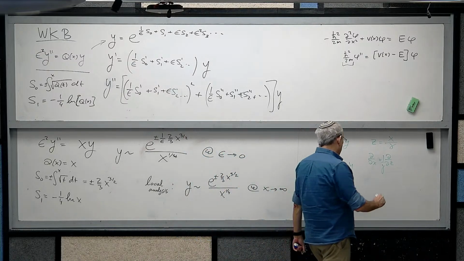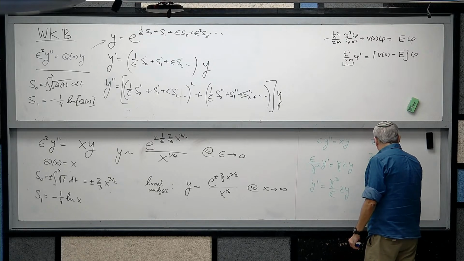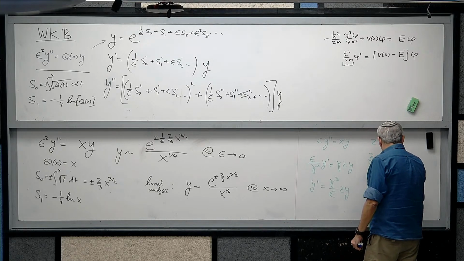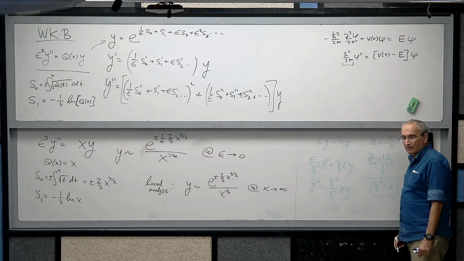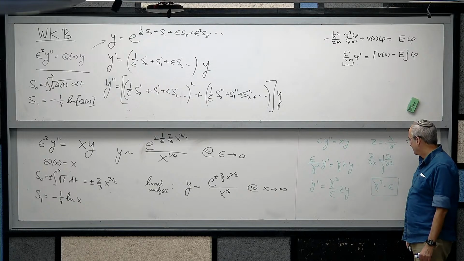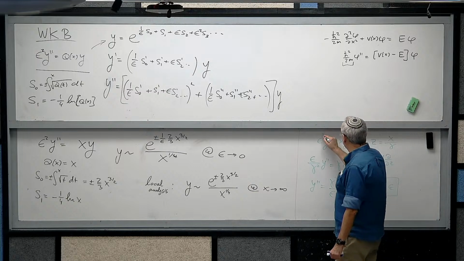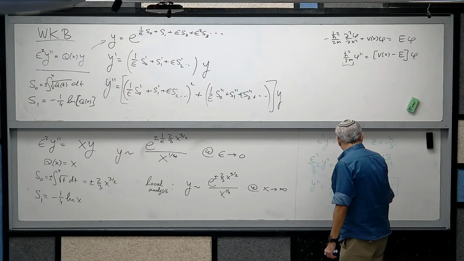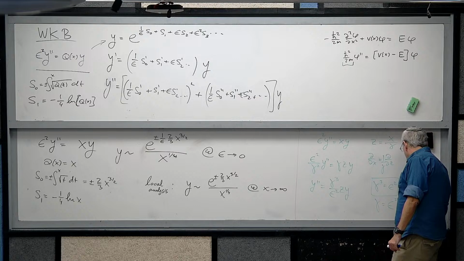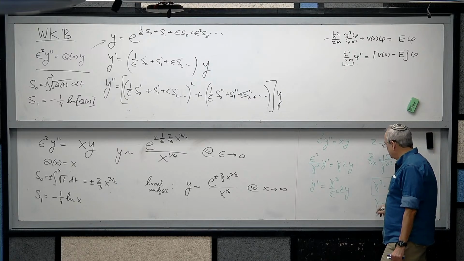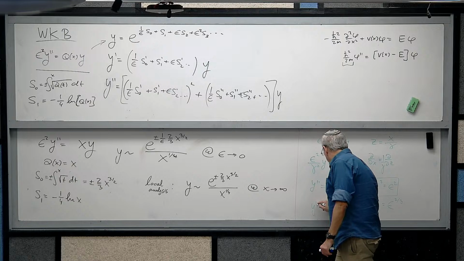So if we choose gamma cubed equals epsilon squared, meaning that gamma equals epsilon to the power of 2/3, this choice will give me y double prime equals zy.